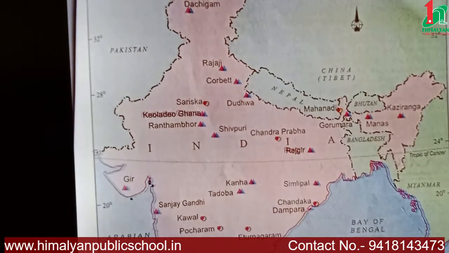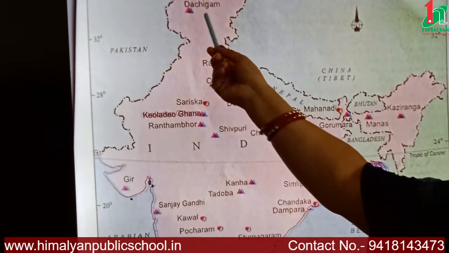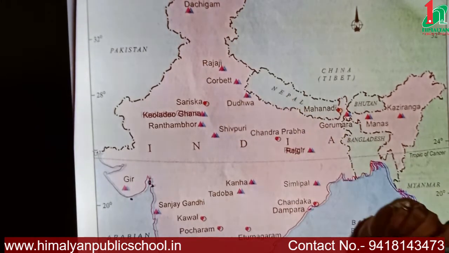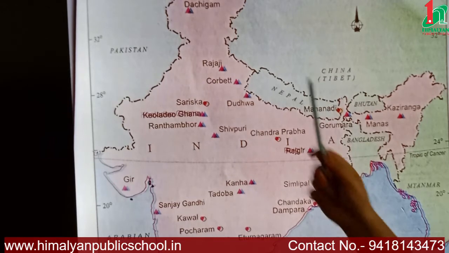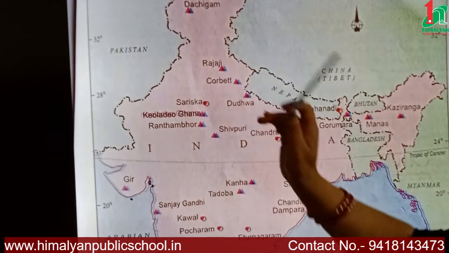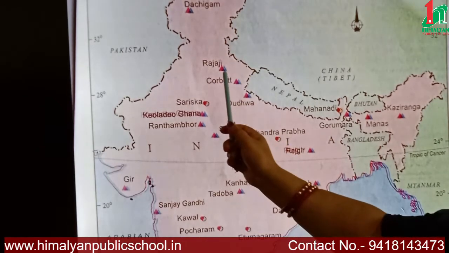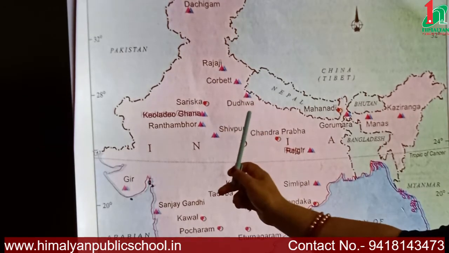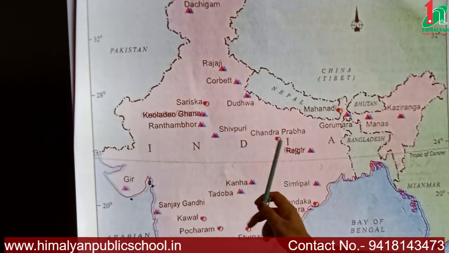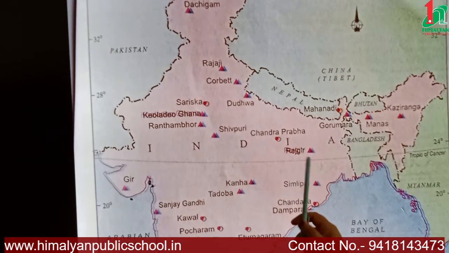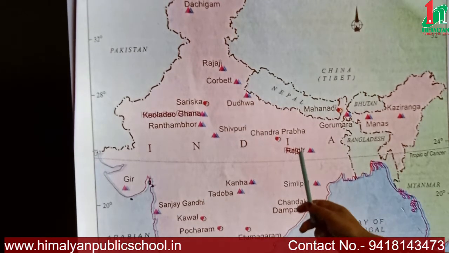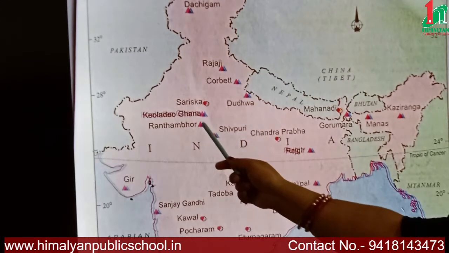Okay. So here, the first one is the Dachigam. Dachigam is a wildlife sanctuary and it is in Jammu and Kashmir. Then Rajaji, Corbett, Dudhwa, Shivpuri, Chandraprabha, Rajgir, and this one, this triangle.